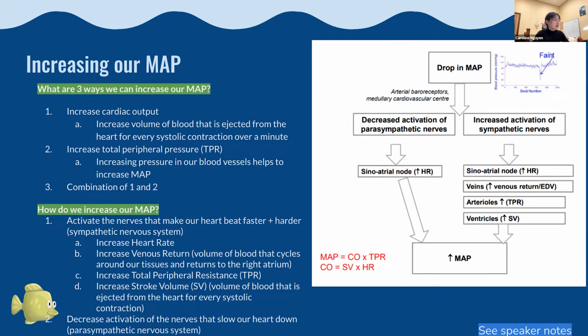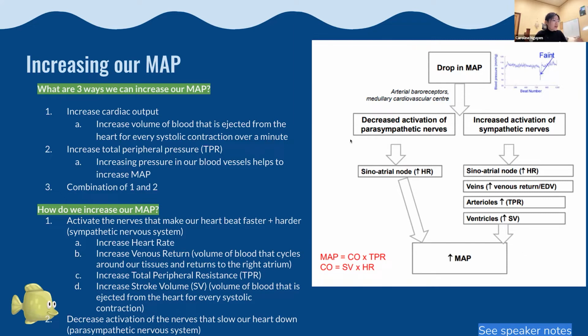The words here are for this diagram. So we activate the nerves that make our heartbeat faster and harder. This is the activation of the sympathetic nervous system, and it does 4 things: increase heart rate, venous return, total peripheral resistance, and increase stroke volume.